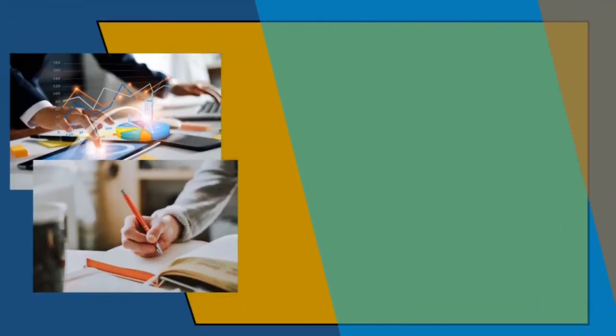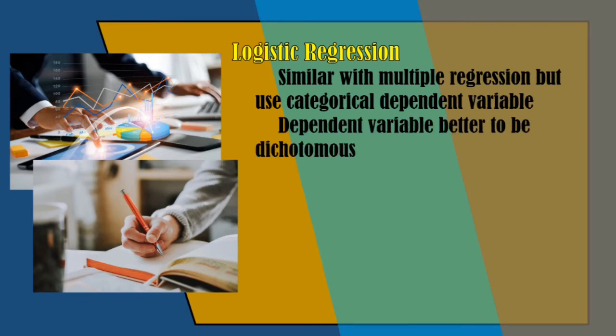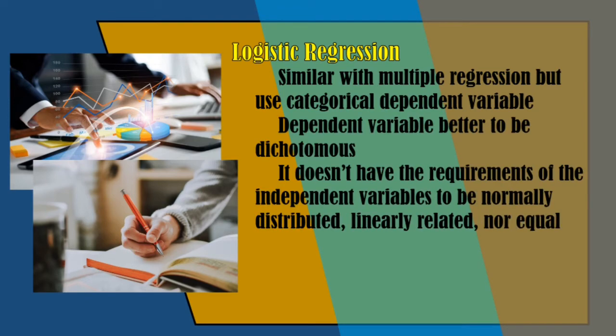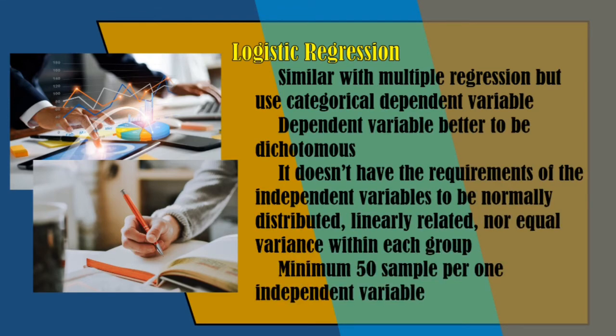Another test of relationship is logistic regression. This is similar to multiple regression, but uses a categorical dependent variable. The dependent variable is better to be dichotomous, and it doesn't have the requirements of the independent variables to be normally distributed, linearly related, nor equal variance with each group.